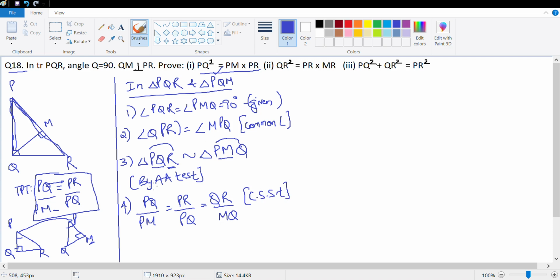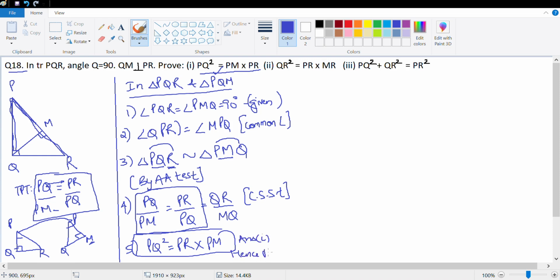Let's see what we have to prove. We have to prove PQ upon PM is equal to PR upon PQ, which is these two, which means PQ square is equal to PR into PM. Done. That's what they wanted us to prove. So this is the answer to part 1, hence done. Part 1 done. Let's look at part 2.